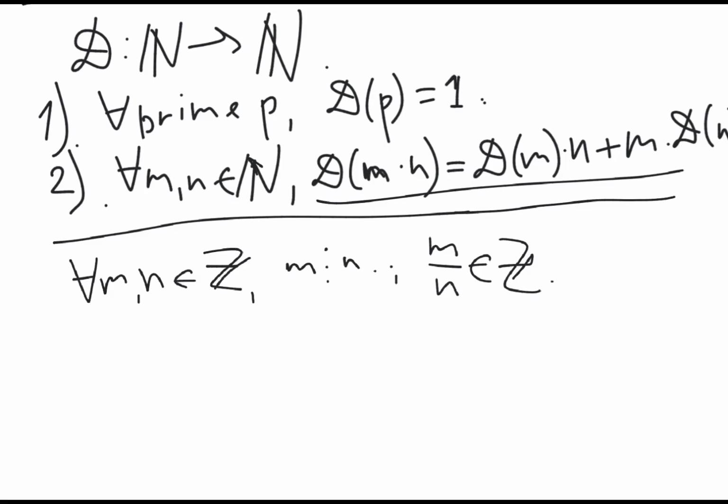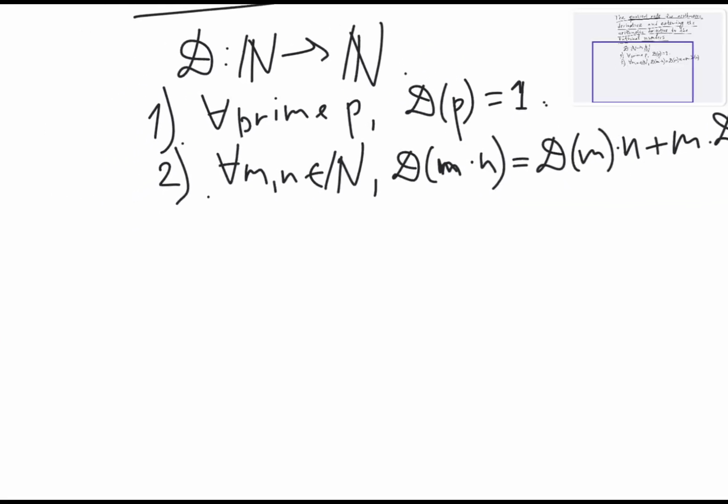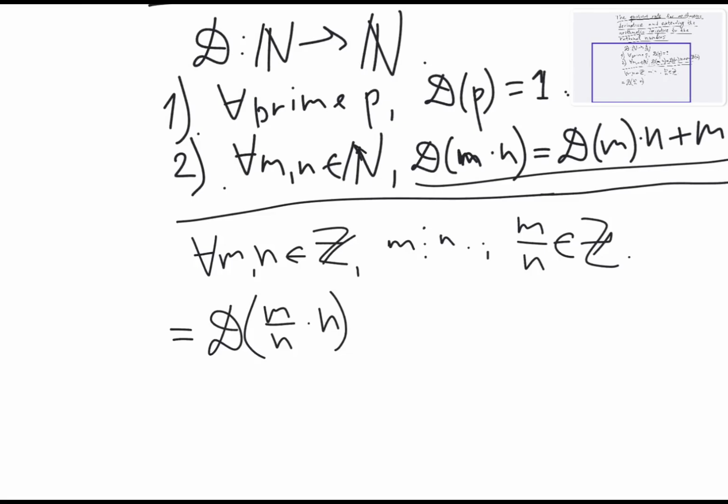So then we can write d of m over n multiplied by n. On the one hand, this is exactly equal to d of m, because this argument is equal to m.